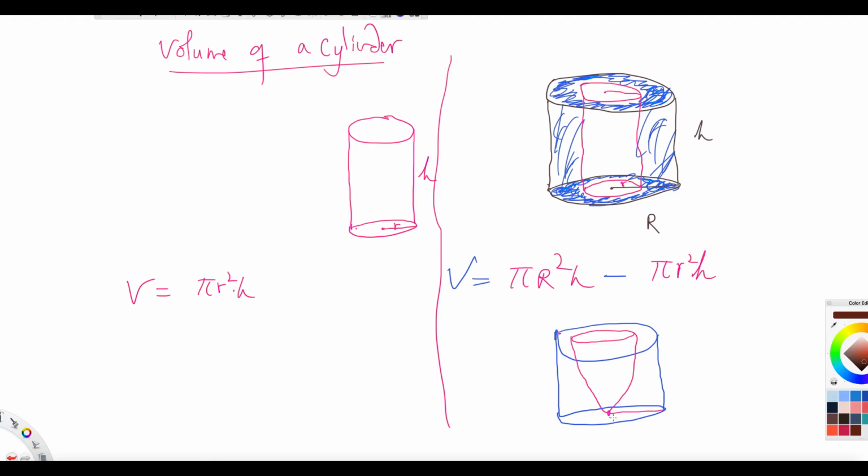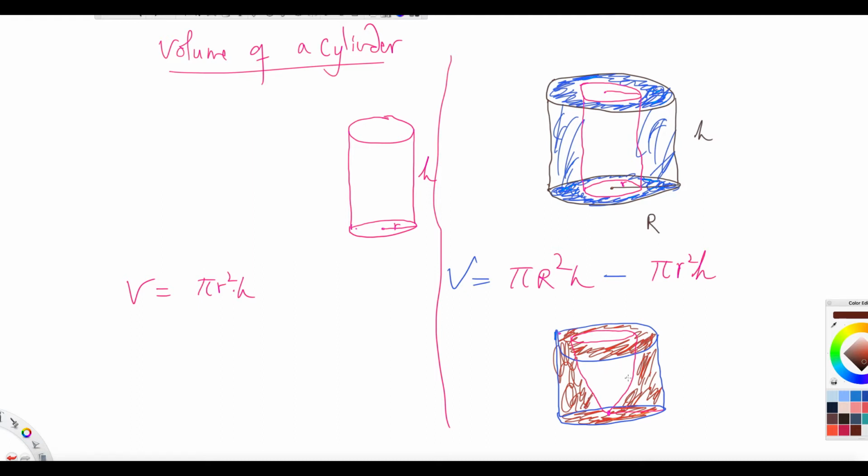On the bottom it will be the whole thing, and on the top you are finding the part outside this cone and inside the bigger cylinder. Suppose you are trying to find the volume of that part.